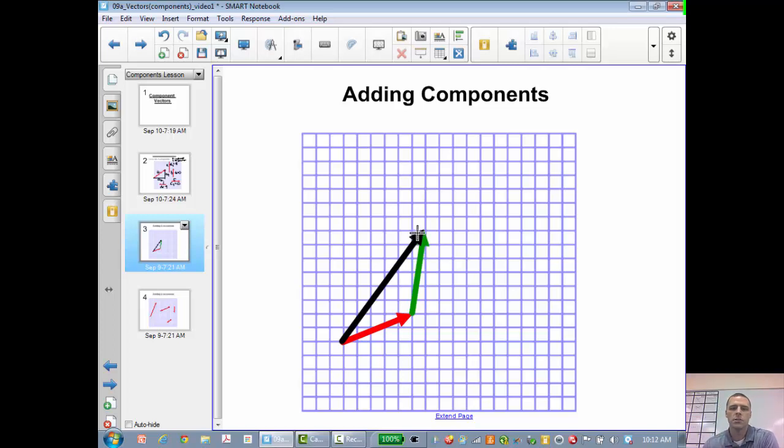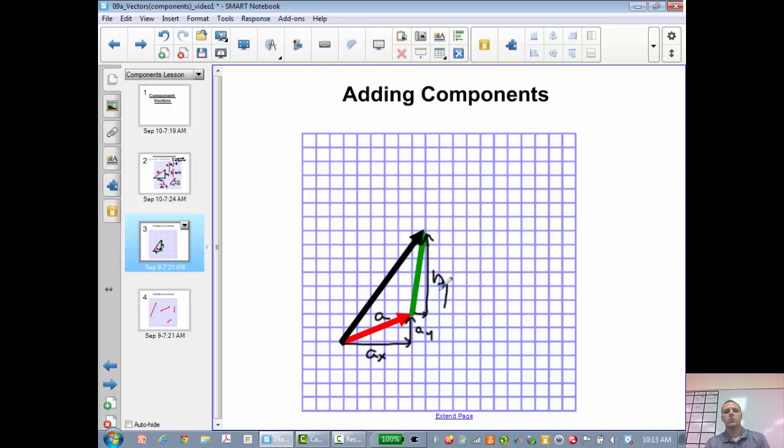But with components, if I draw in the components for, let's say, A, the components look like this. We'll call the red one A. This is AX and AY, and then I have BX and BY.